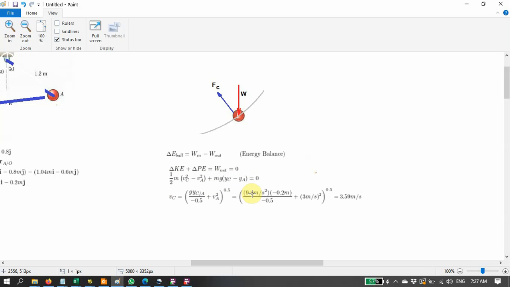The distance traveled from A to C is minus 0.2 in y direction, and the initial velocity of the ball is 3 meters per second. We get about 3.59 meters per second.